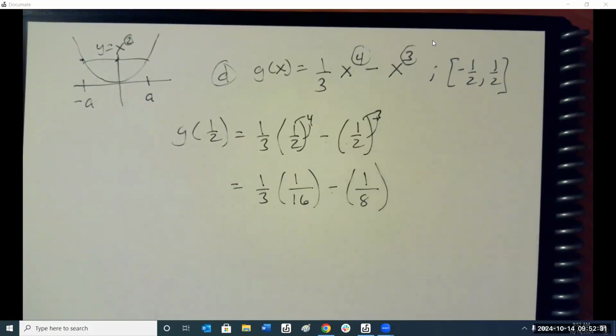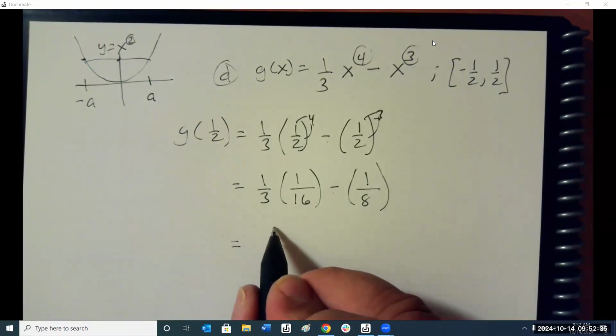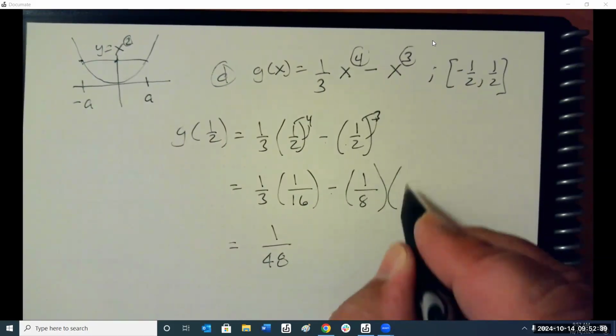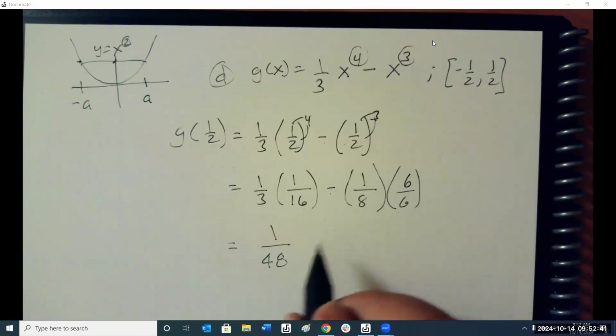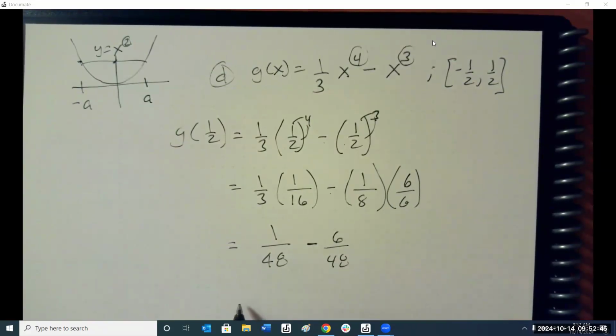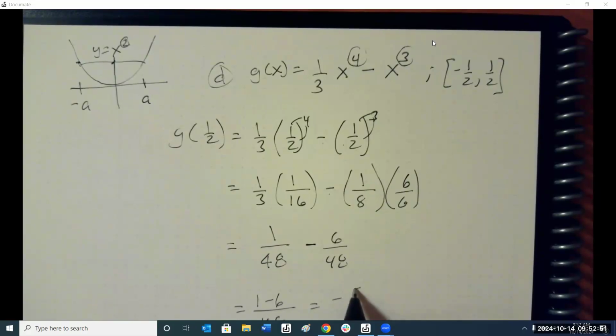Oh, yeah, it did. All right, you're right. Cool. So you have 1/48. Remember, we did this one 6/6 minus 6/48. So the answer is 1 minus 6/48, which is negative 5/48.